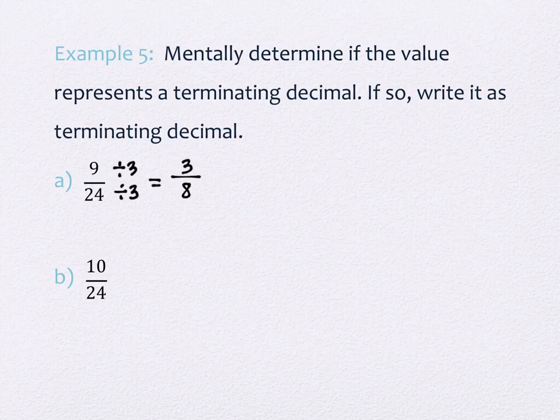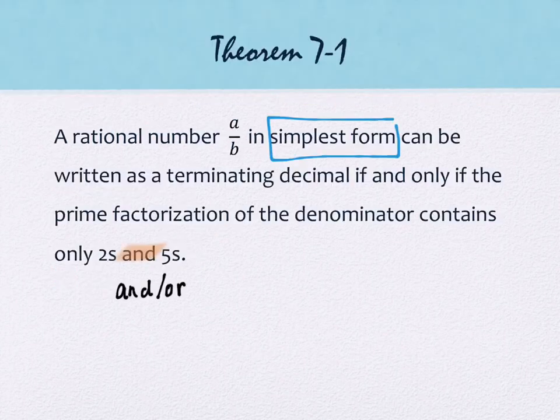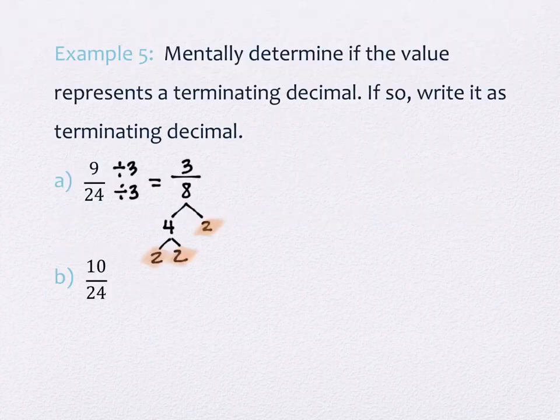How does 8 break down? Well, 4 and 2, and 4 is 2 and 2, so it breaks down into 2's. That's it, just 2's. So what this theorem says is if it breaks down into 2's, 5's, or 2's and 5's, which this one does, it will terminate. So the answer to that first part of this question is that it does terminate.